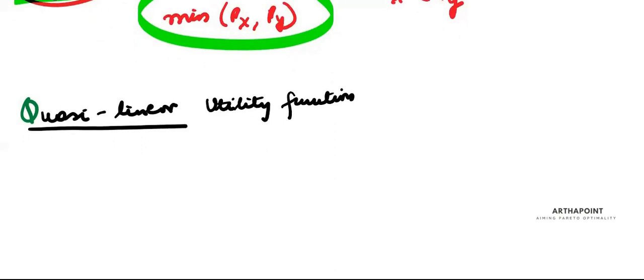So a quasi-linear utility function has two parts to it. One part is where we have the linear aspect, and the other part is where we have the non-linear aspect. So one of the goods that we have is linear, and the other good is non-linear.